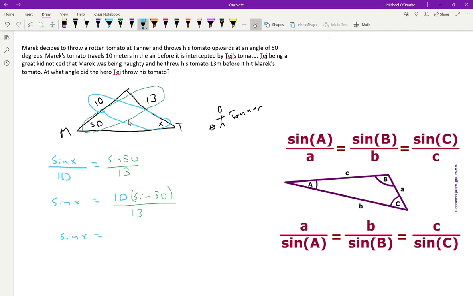I'll wait till someone gives me the answer in chat before I post my answer. Isn't it 50? No, it's not 50. Oh, I made a mistake there.